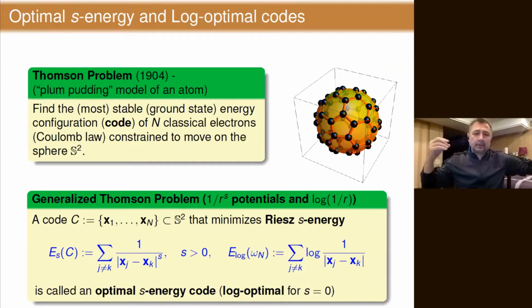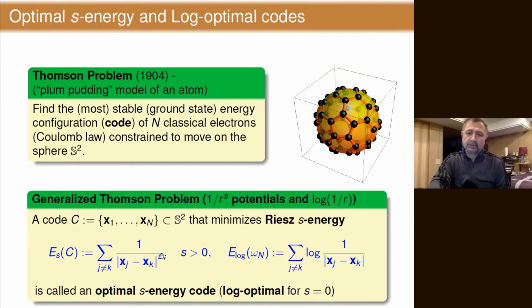If you assume that the electrons interact inversely proportionally to the square of their distance, eventually you end up minimizing the Riesz energy, which is the summation of all possible distances, the reciprocals of these distances, with the weight a power of s. That's why it's called s-energy. And the Thomson problem is when s is 1 in 3D.